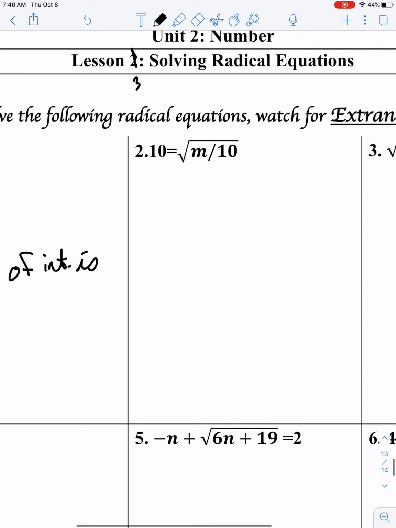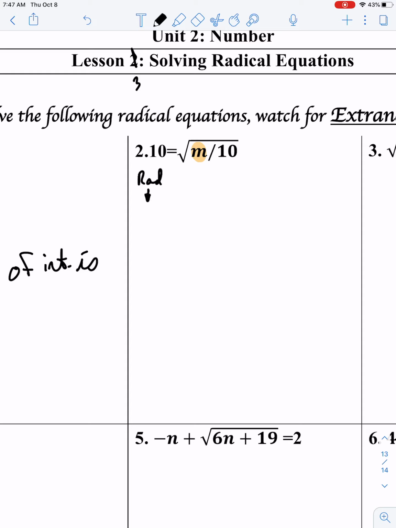If you want to be an overachiever, again, you can try to do it by hand. So what I see going on this side on the left, so I only have one variable here. So again, I want to try and get this variable by itself. So I want to solve for m. So if I talk about the stuff that's going on to the side that has my m in it, I have a radical, which is really exponents.